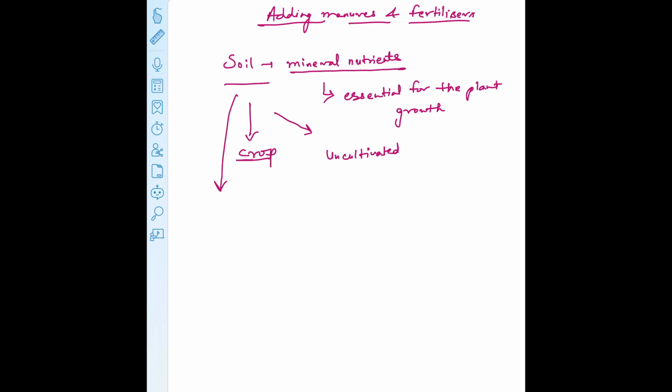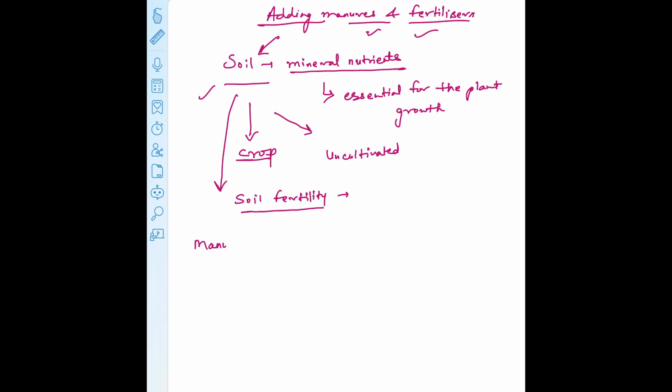Due to this, soil becomes poor in mineral nutrients, so there is a need to improve soil fertility, and for this manures and fertilizers are added to the soil. Manures and fertilizers are substances that are added into the soil to increase soil fertility.